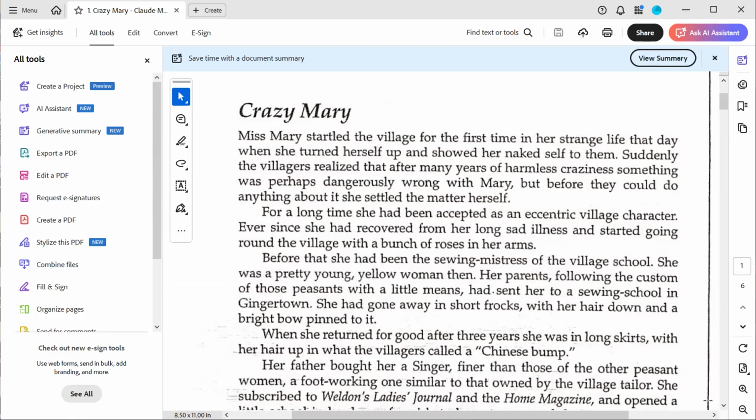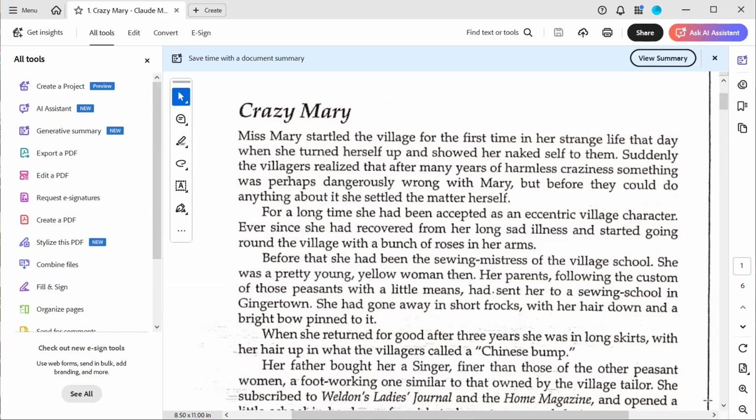Crazy Mary. Miss Mary startled the village for the first time in her strange life that day, when she turned herself up and showed her naked self to them. Suddenly, the villagers realized that after many years of harmless craziness, something was perhaps dangerously wrong with Mary. But before they could do anything about it, she settled the matter herself.